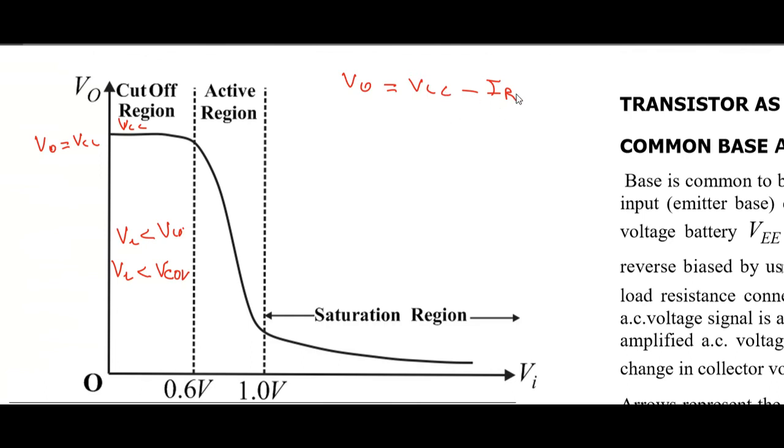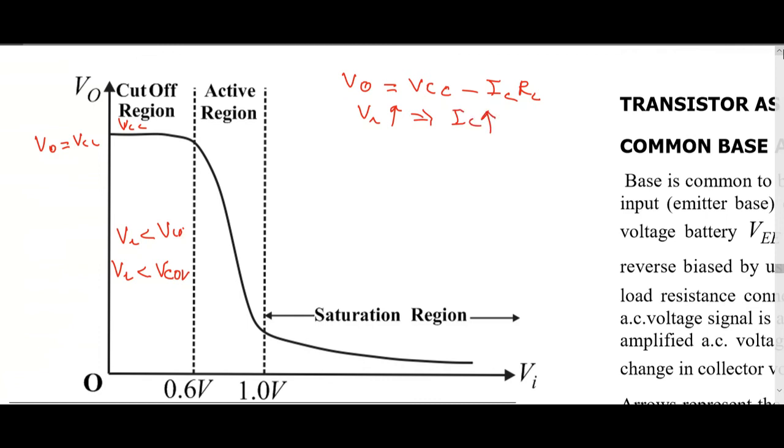In this case, if VI increases, this implies IC increases.